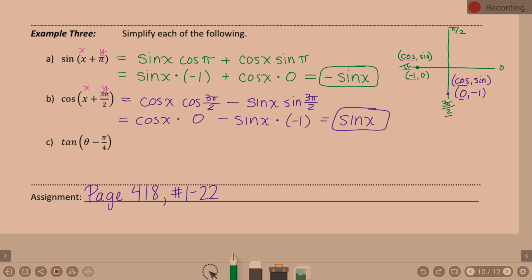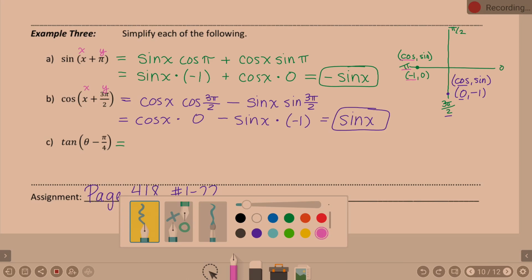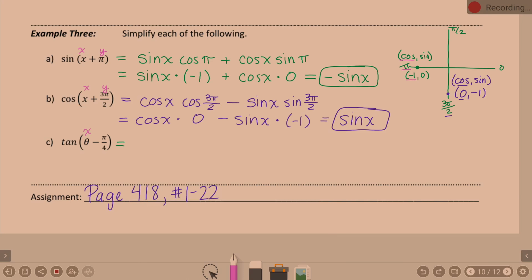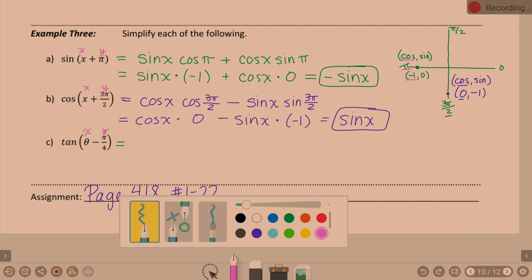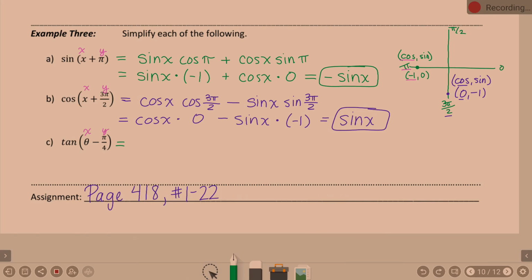Okay. And lastly, tangent. Identify your new x and y. And again, not that you have to write that down, but it can sometimes be helpful. Okay, how does tangent work?